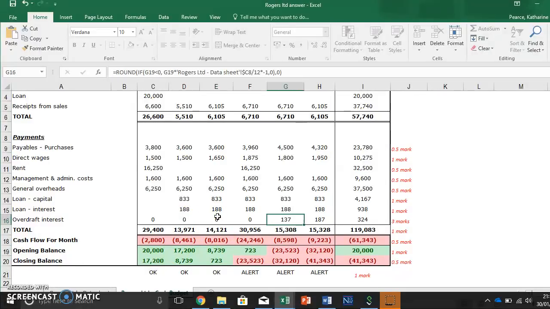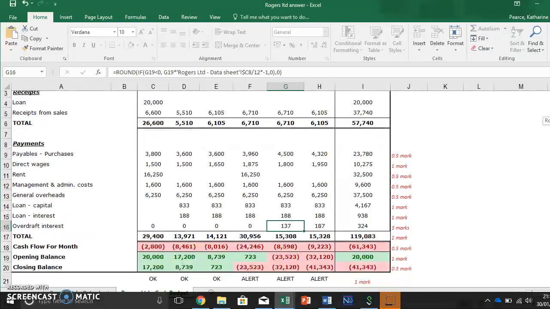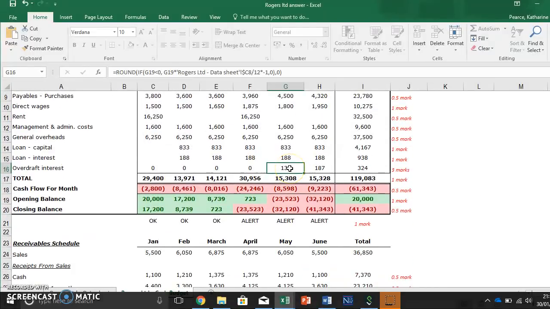So we only pay our first overdraft amount of interest in May, because it's only in April that we start to go overdrawn. So our May overdraft interest is based on April's overdraft, which remember we start May with. So you'll see there is an overdraft payment in May and June because April and May we go overdrawn.